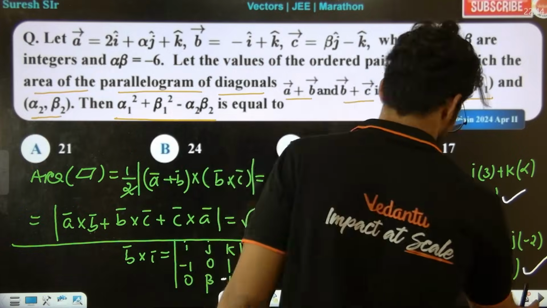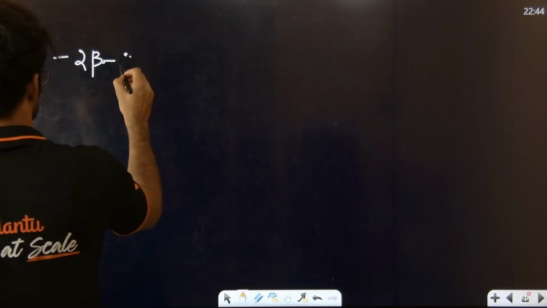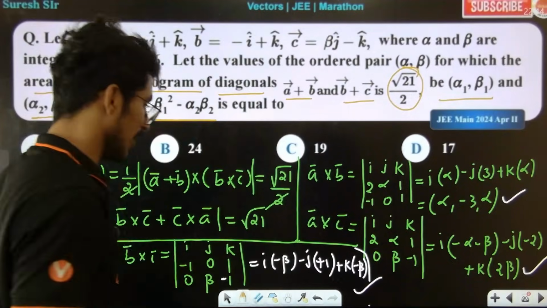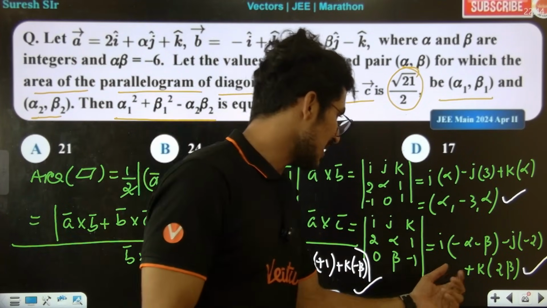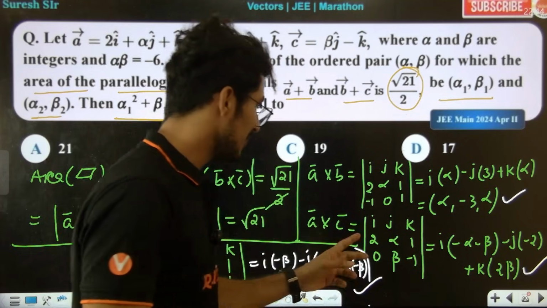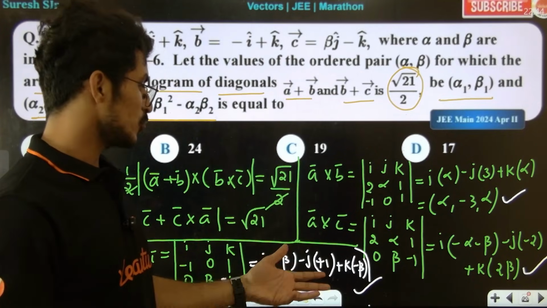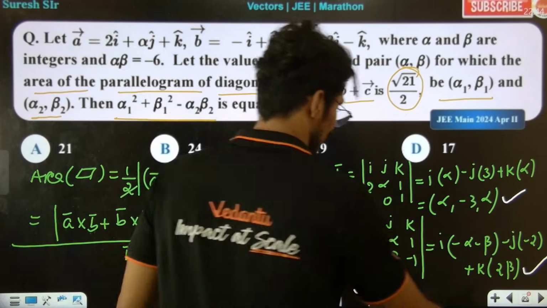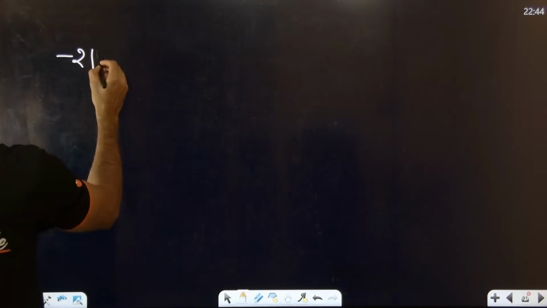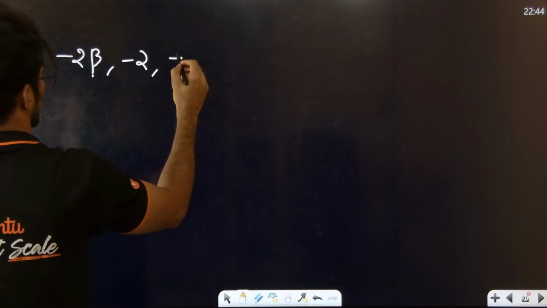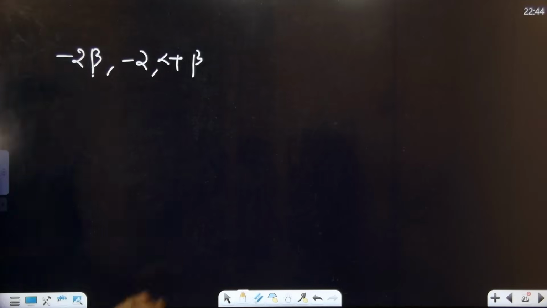Minus 4 and plus 2, minus 2, sir. So minus 2 here. Next, k components are what? Minus beta plus alpha minus beta plus 2 beta. So alpha plus beta will come. This is what we got.